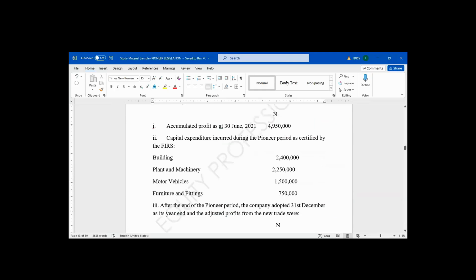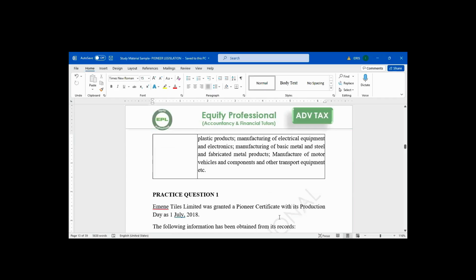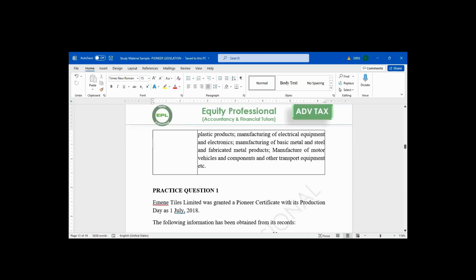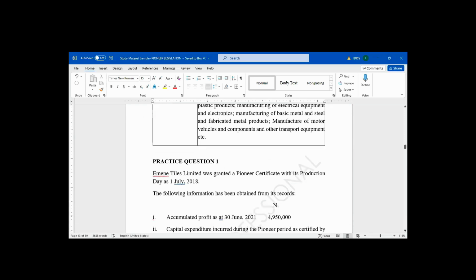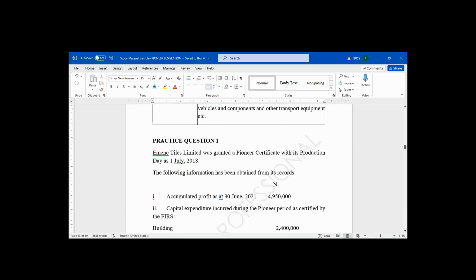So this is a simple question on Pioneer Incentive. Tiles Limited was granted a Pioneer certificate with production day as at 1st July 2018. So in this question, when does the Pioneer period start? When does the Pioneer period terminate?